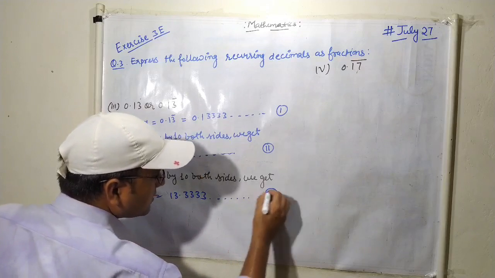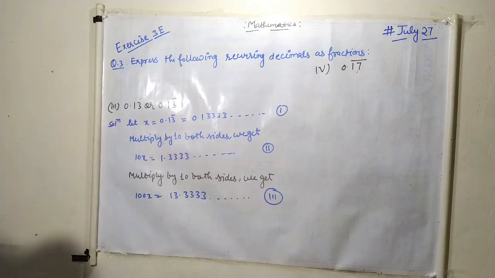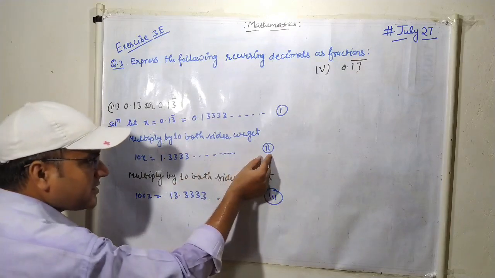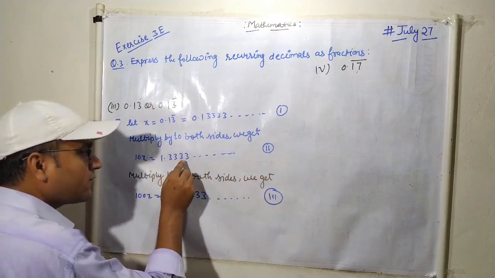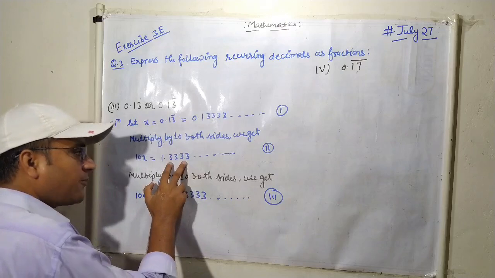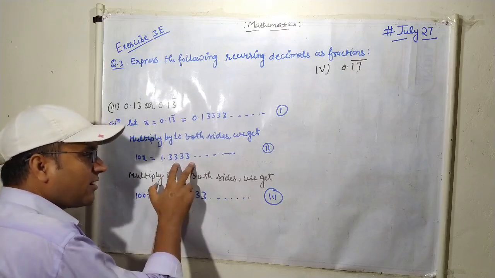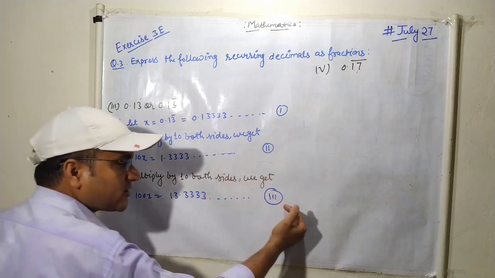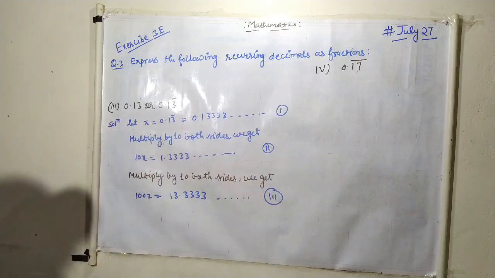This is equation third. So see this one, equation second and equation third, 1.333. Here is 13.33. After the decimal, the digits are equal. It means that from equation third you can subtract equation second.